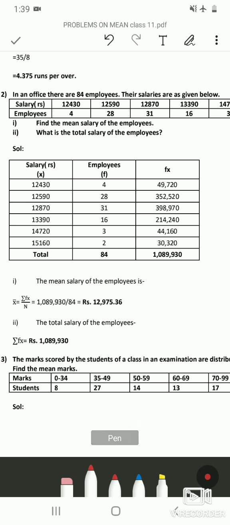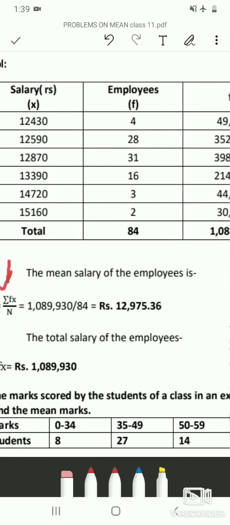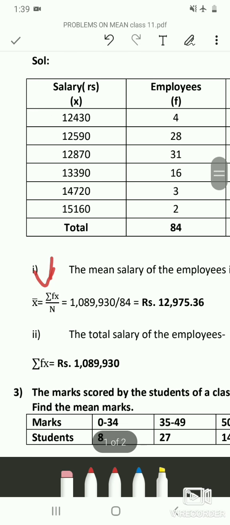So in the first column you are taking the salary, that is x, and employees are frequencies, so we are taking in the second column. The third column is f into x, that is you have to multiply these values. So we know that for a discrete case the arithmetic mean formula is x bar is equal to summation fx upon n.